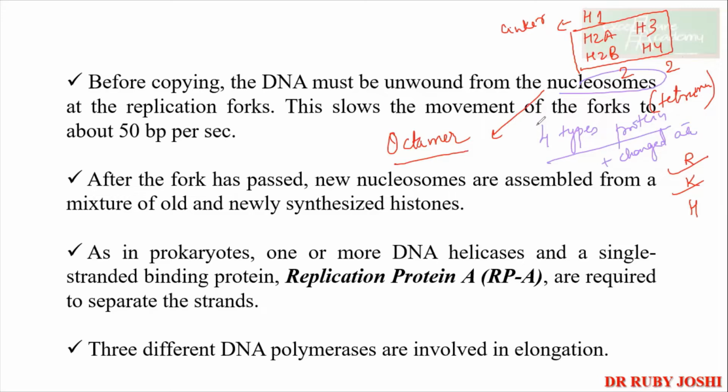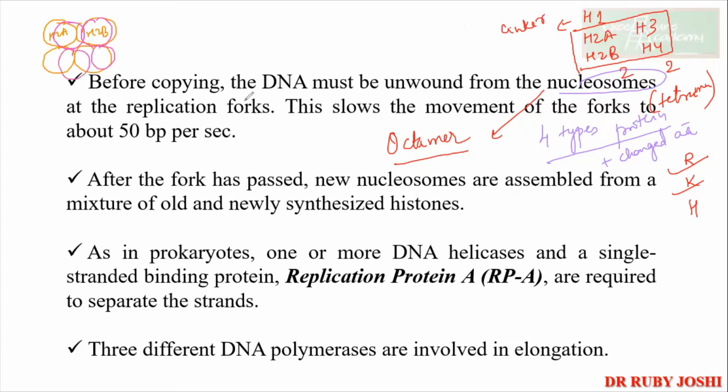Now if I say that the nucleosome is an octamer, then how many of each protein will there be? Yes, all of them will be 2 in number. So like this is your H2A, H2B, one above and one below, okay? Then along with this you have H3, H4, H3, H4.